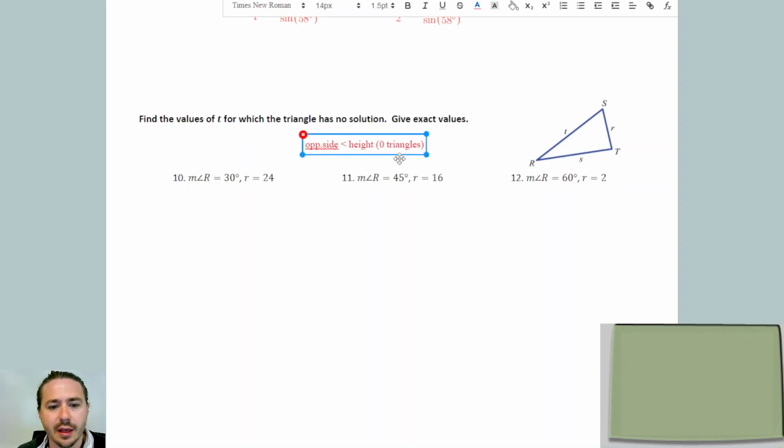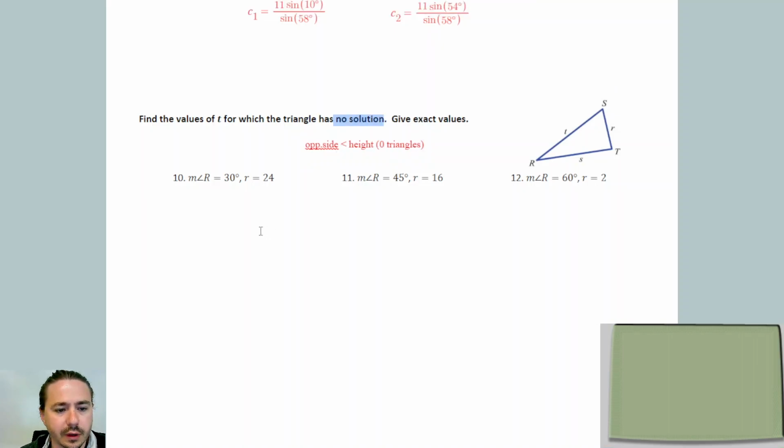This is what we need to satisfy in order for there to be no solution. In all these cases, they're giving us angle R, and they're giving us side R. So they're giving us the angle and the opposite side. This right here is the opposite side. What we need to do is calculate the height and figure out, based on that, what t needs to be.